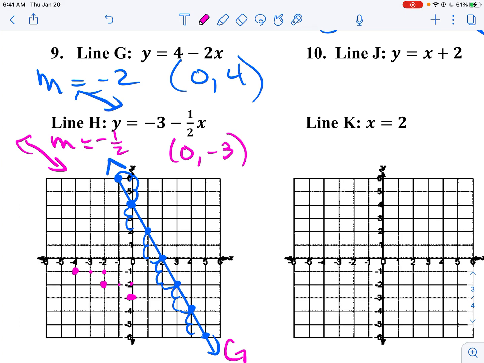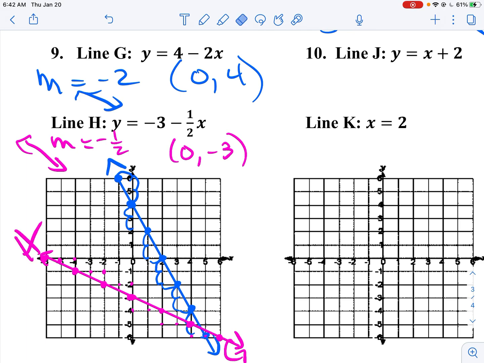Up 1, left 2. Up 1, left 2. Or I could have gone down 1, right 2. Down 1, right 2. And there we have, this is H.